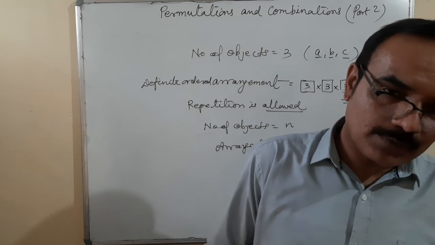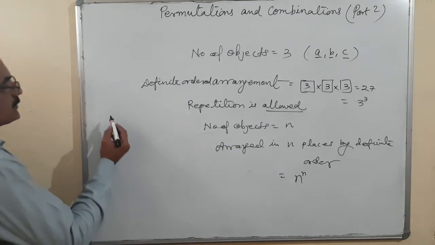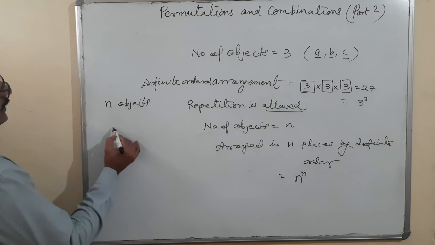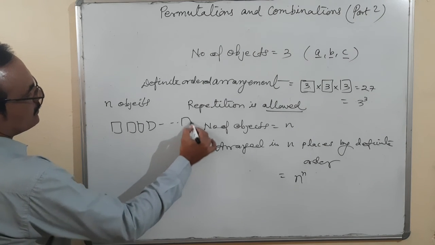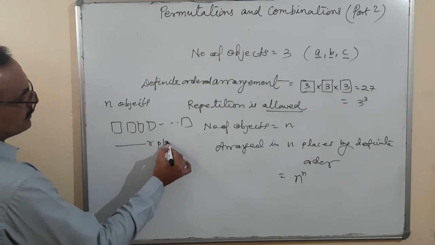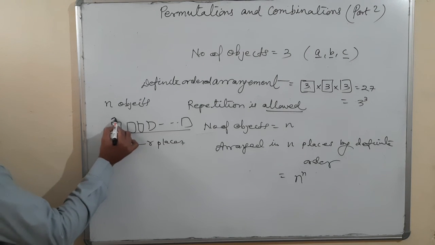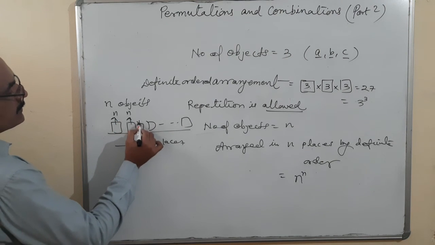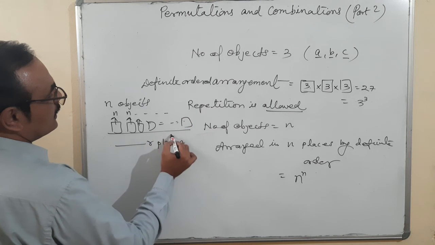In case, suppose we are going to arrange n objects, and we have r places. How many places? r places. So this can be arranged here in n ways. This can be arranged in n ways. And how many times is n coming? r times.